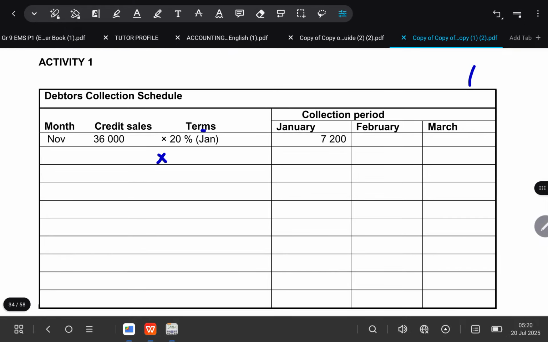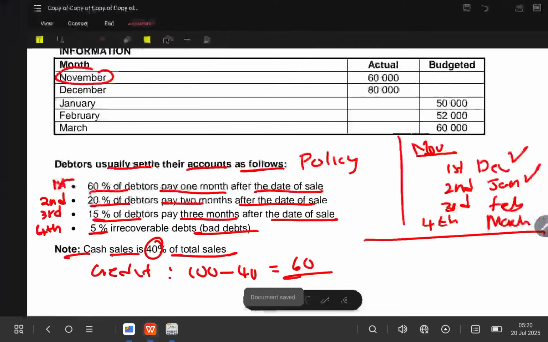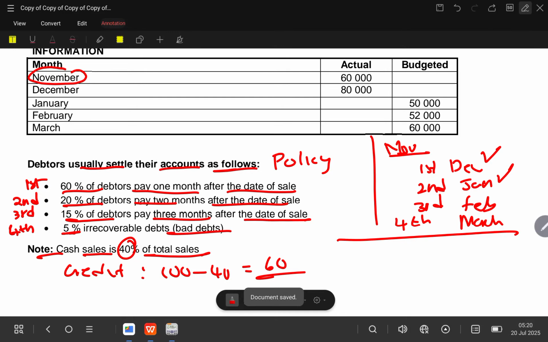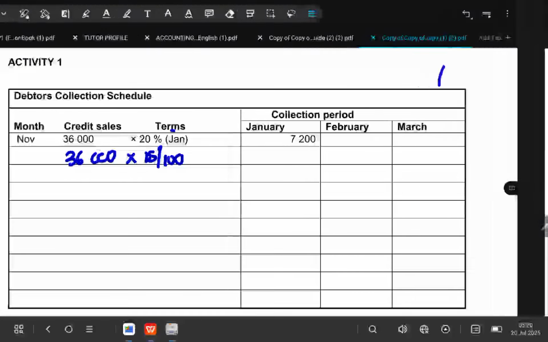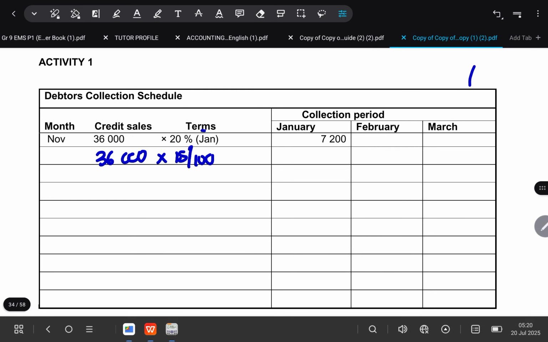So on the third month, I'm going to focus on 15%. So it will be 36,000 times 15 divided by 100. But remember, as we indicated in our information, the third month will be in February, right? So remember, this will be in February.